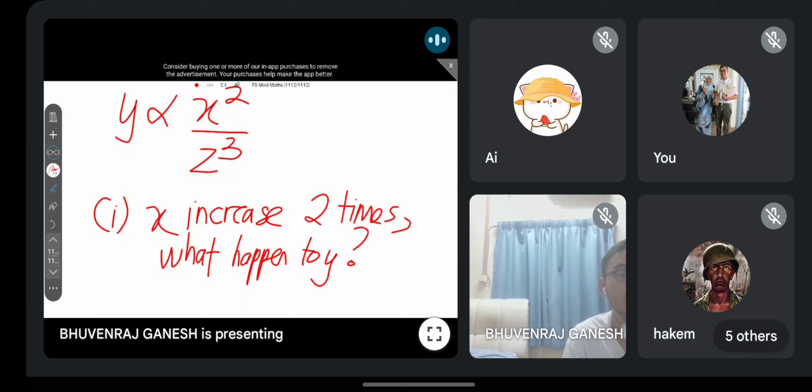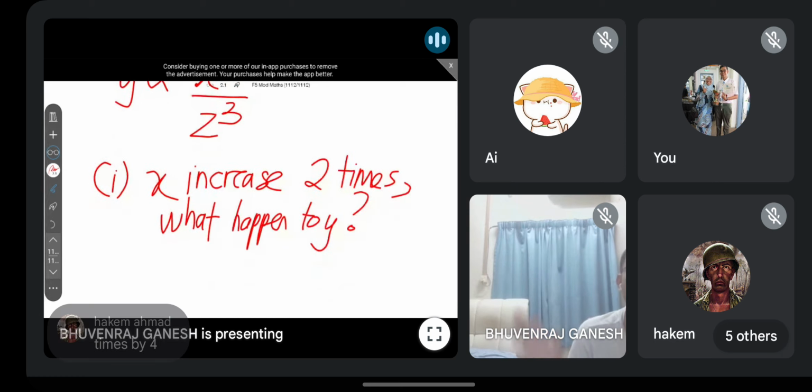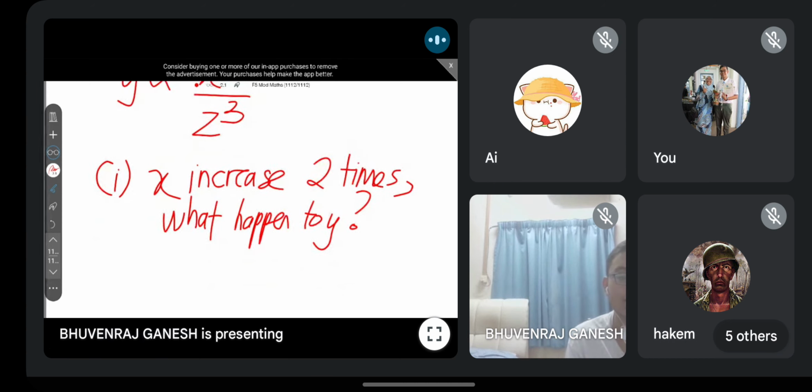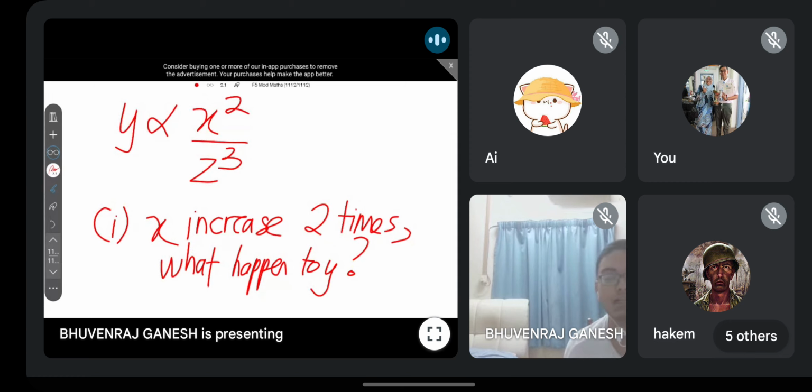Can anyone answer me? What will happen to the y value if the x value increases 2 times based on the variation here? Can anyone tell the answer? What will you get? Very good. Okay, times by 4. Anyone who doesn't know why it's times by 4? Raise your hand.